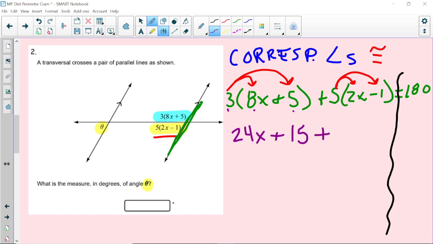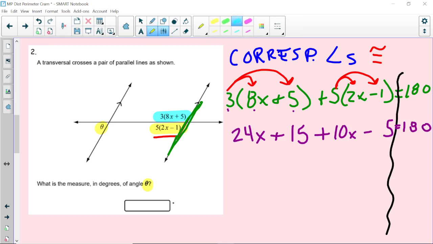Plus, now I'm going to go over to the other parentheses and distribute the 5. So 5 times 2x is 10x. Plus 5 times negative 1 is going to be negative 5. So plus negative 5, or we can just rewrite this as a plain old minus 5. Equals 180 on the right side.